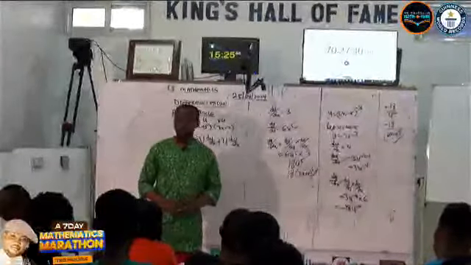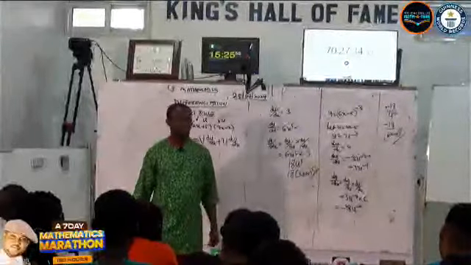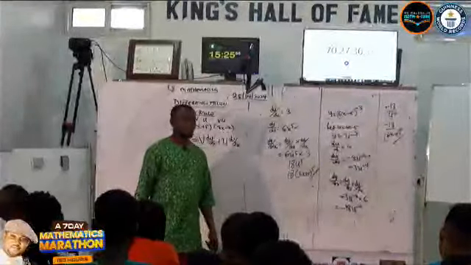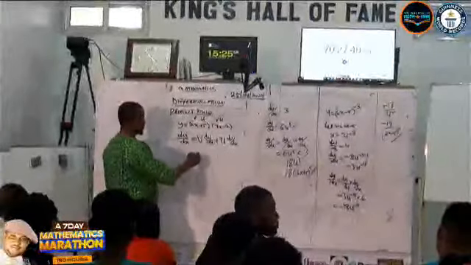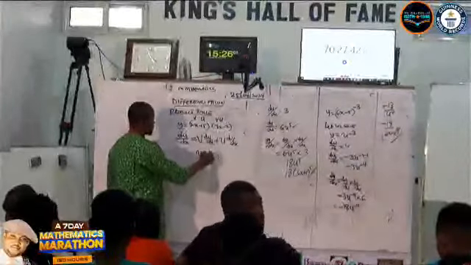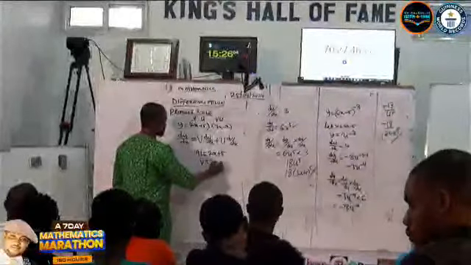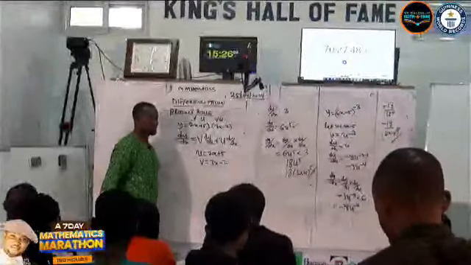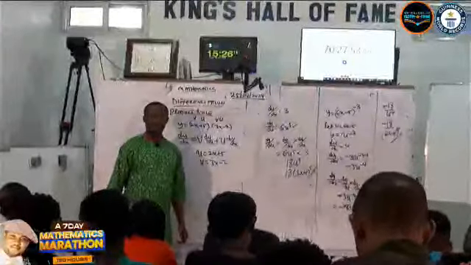The up must be u, and the down must be v. Now say let u equals to 2x plus 5, v equals to 3x minus 2. So we now have that.